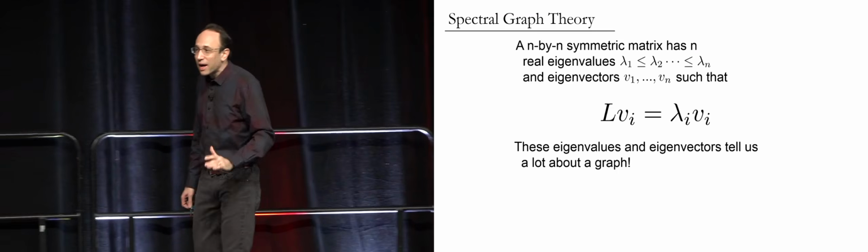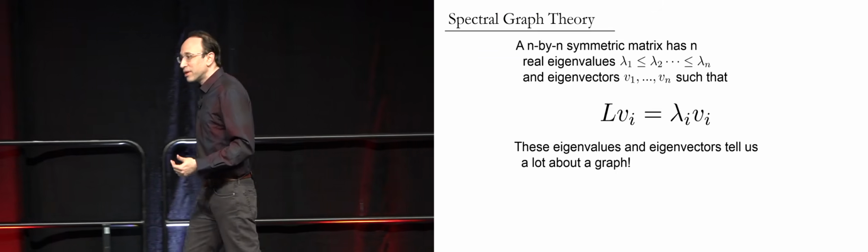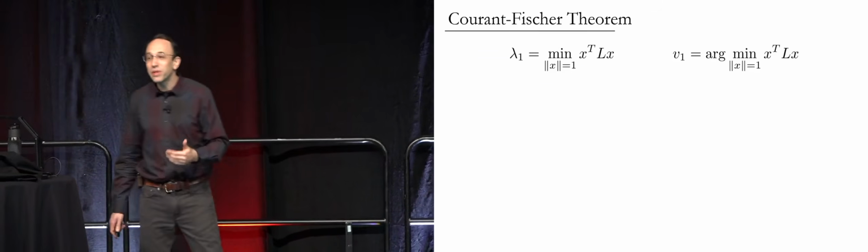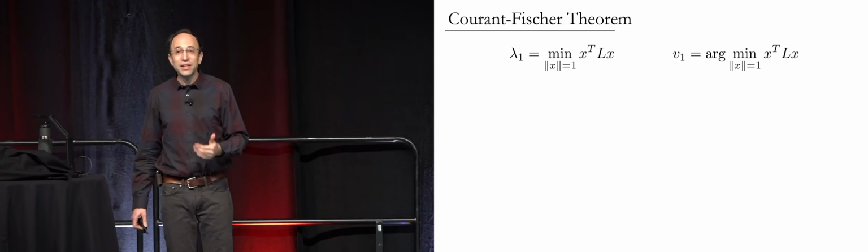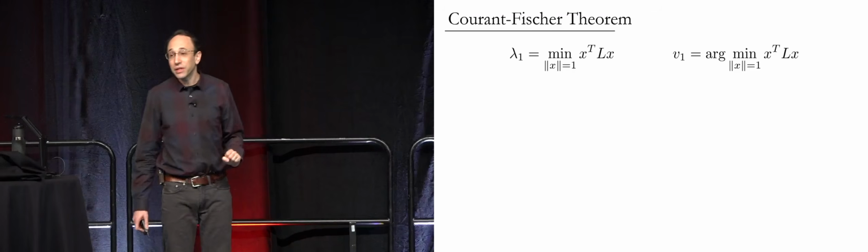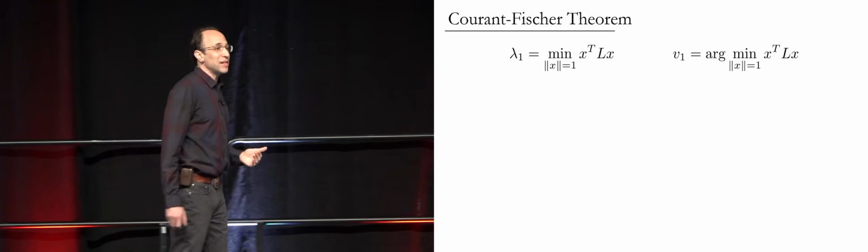I'll admit, I actually get much more out of the eigenvectors by applying the Courant-Fischer Theorem. The Courant-Fischer Theorem gives you another characterization of them. It tells you that the eigenvalues and eigenvectors of a symmetric matrix are the solution to maximization and minimization problems.